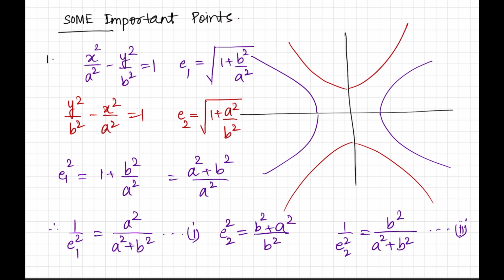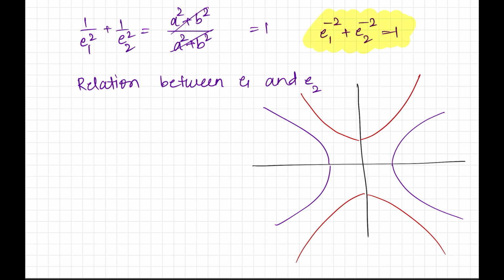Here I would need this diagram. Now let us talk about the foci of these two hyperbolas. Let us say we have points S and S dash, and here are points S1 and S1 dash.